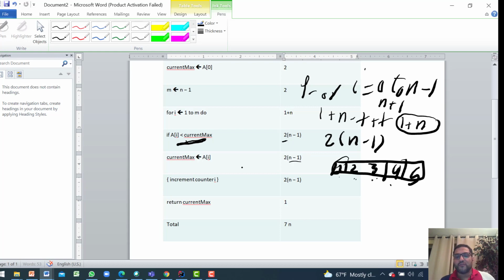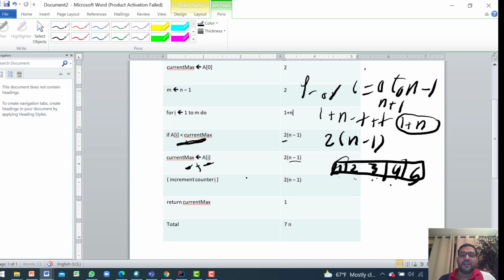So again, if I'm doing it all the time, I'm going to do it n minus 1, which is the number of times that this for loop is executed, plus 2, which is the indexing of the array, plus the assignment operation, which is this 2. So I have here 2 times n minus 1.